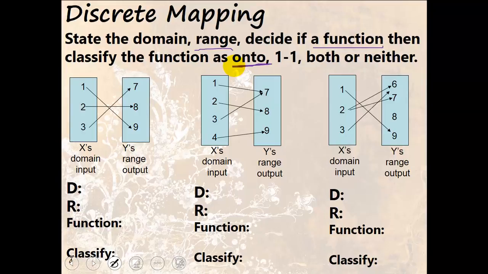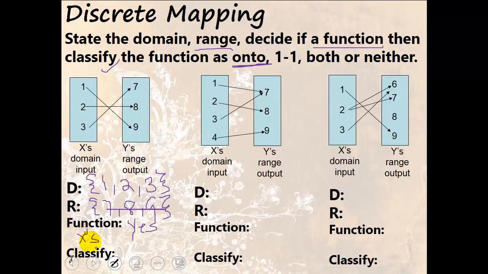All right. So in this first example right here, here's where I'm at. Our domain, we're just going to list out the x values here: 1, 2, and 3. The range is the set of numbers 7, 8, and 9. Is it a function? Well, yes, because every x is different.